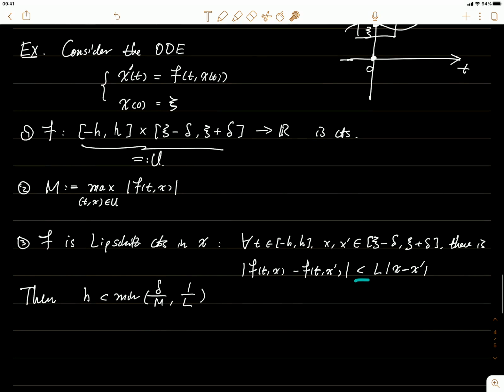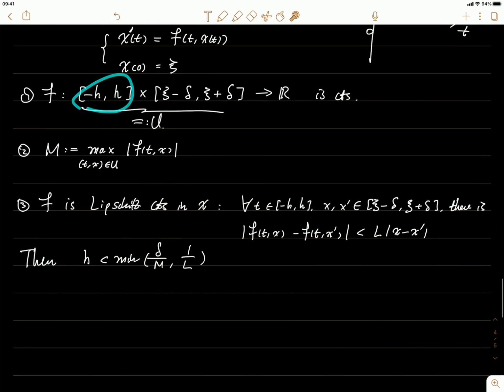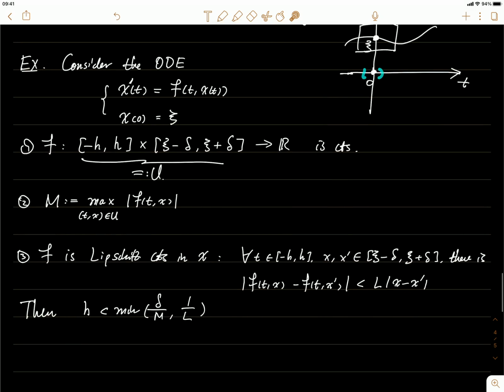And then if this h is smaller than that, well, it's kind of confusing that we have the h earlier here. But if f is defined over this region, then we can actually make our h even smaller. We can keep this original f, so f will still be defined on the original h, but now we can only guarantee the solution on a smaller domain, which will be h prime.